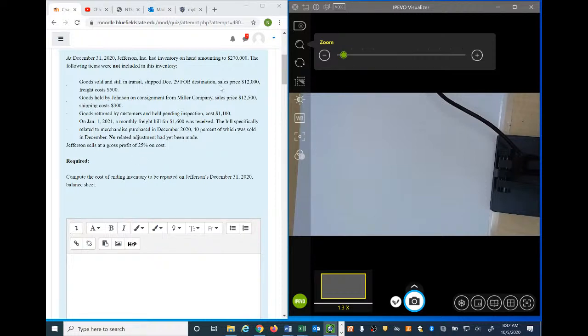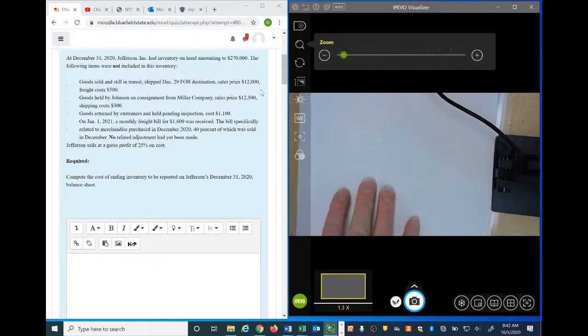So watch, here's how we'll do that. We'll take the sales price and divide it by 1.25. The sales price is the numerator, and the denominator is 1 plus the markup. So it's just going to be 12,000 divided by 1.25, and that'll give us $9,600. Does that make sense? So $9,600 is our cost, right?